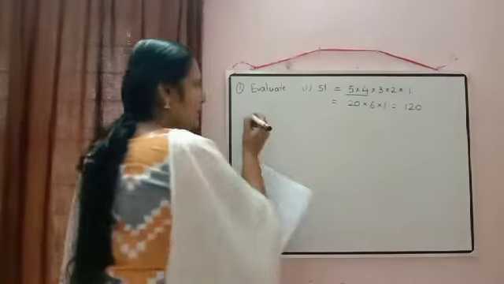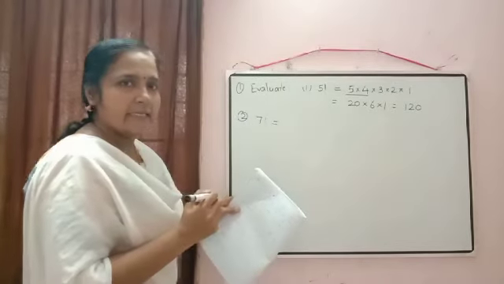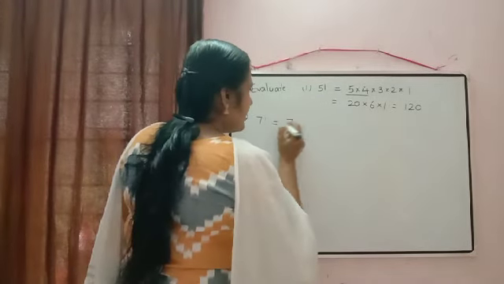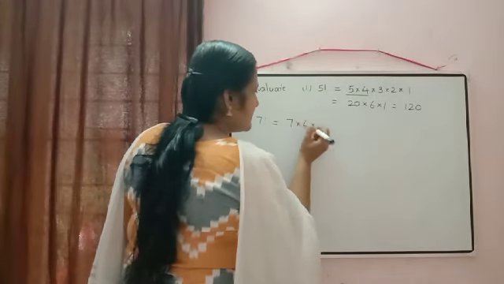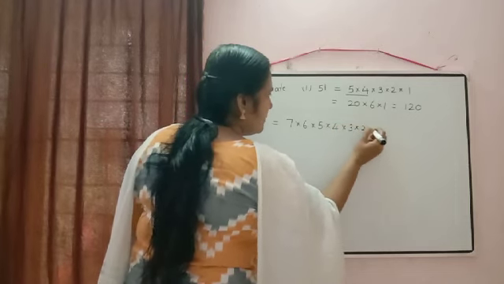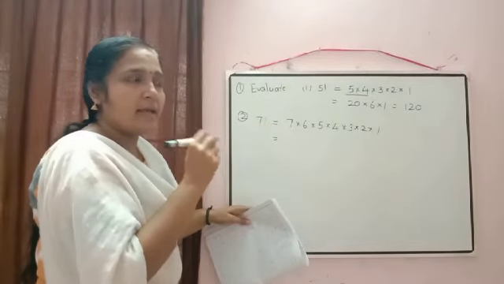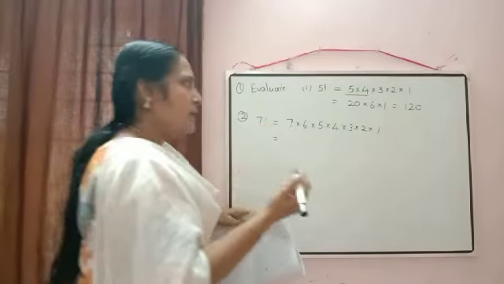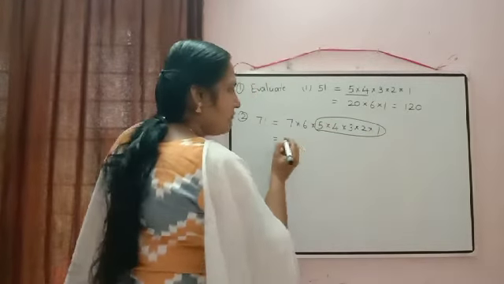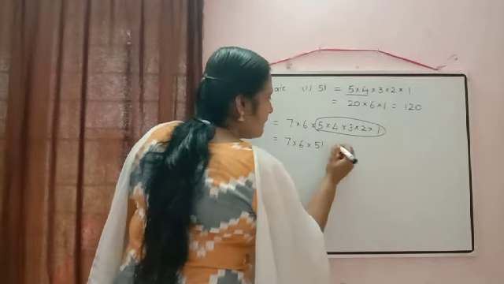Then the second question is 7 factorial. Find the value of 7 factorial. So how can we rewrite this? 7 factorial can be written as 7 into 6 into 5 into 4 into 3 into 2 into 1. Now we can use the concept we just wrote: n factorial can be written as n into (n minus 1) factorial. Since we have just calculated the value of 5 factorial, it can be written as 7 into 6 into 5 factorial.